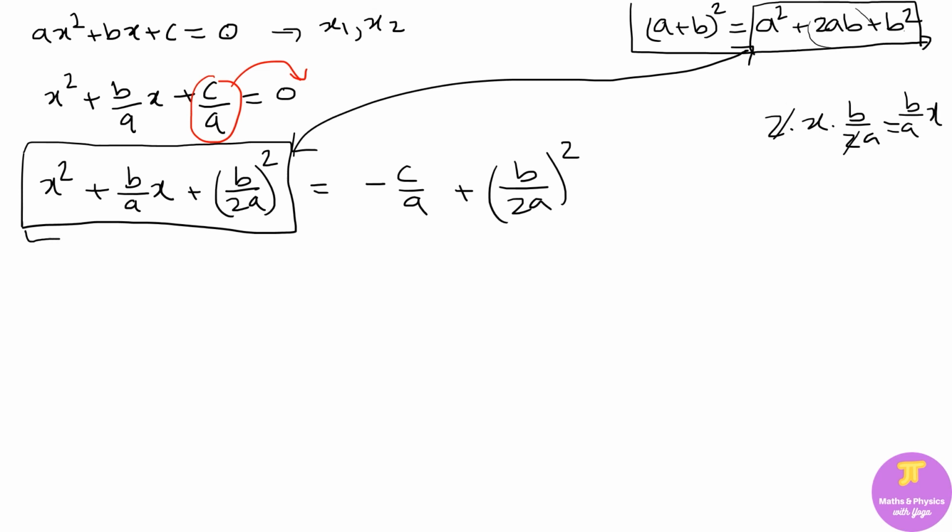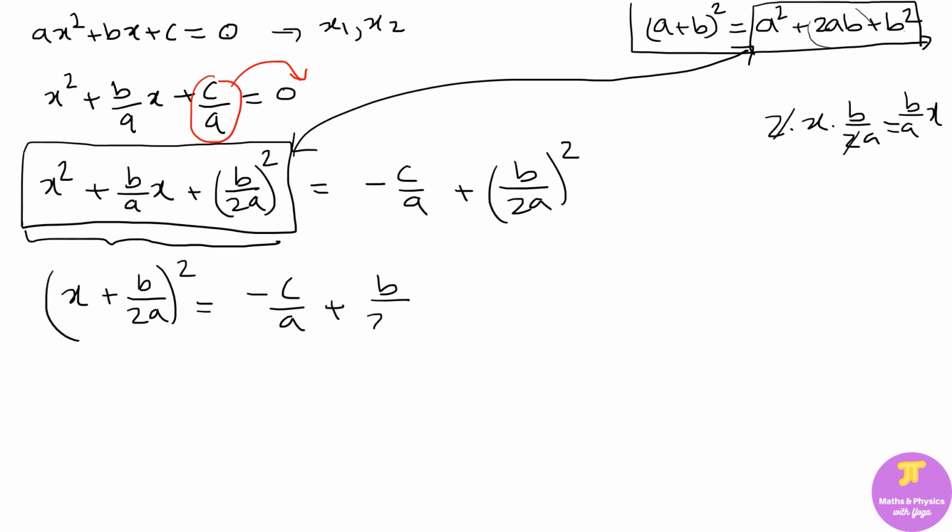So what you have essentially here is nothing but (x plus b over 2a) squared, which is equal to minus c over a plus b squared over 4a squared.